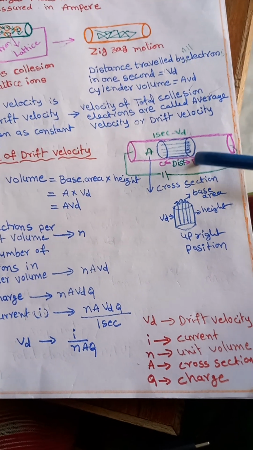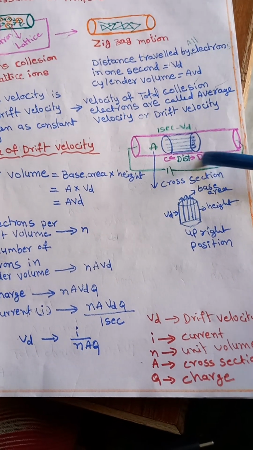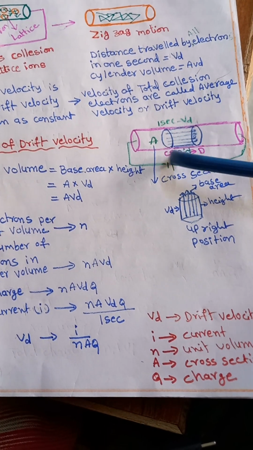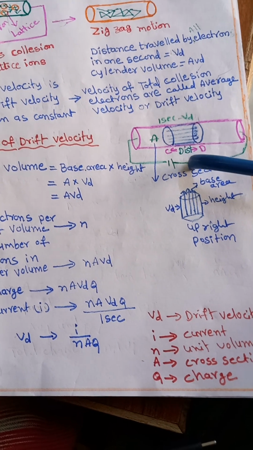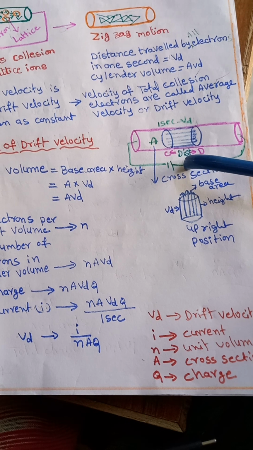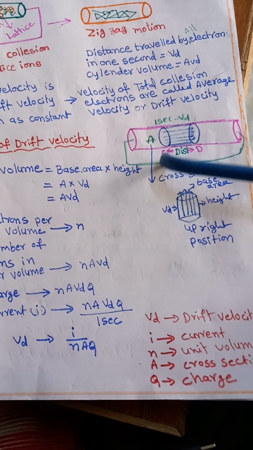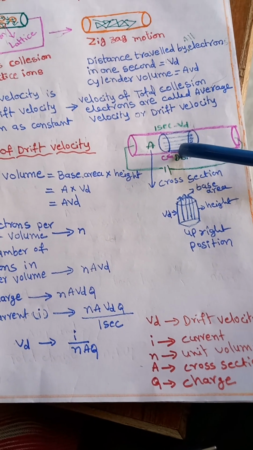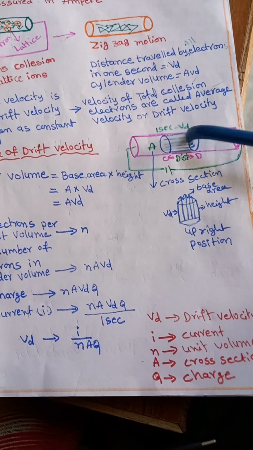Here we can see two points, C and D. The electrons move from point C to point D. The distance between them is travelled by the electrons in 1 second, and that is called drift velocity, Vd.